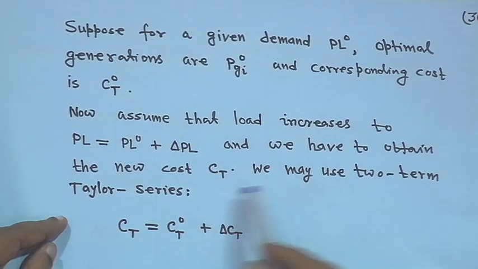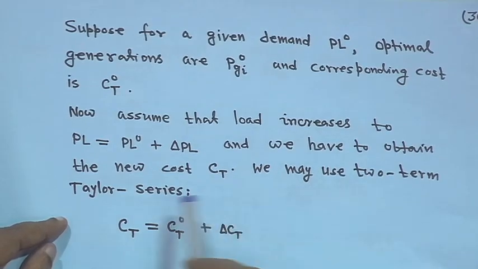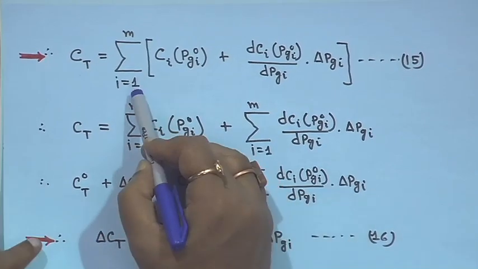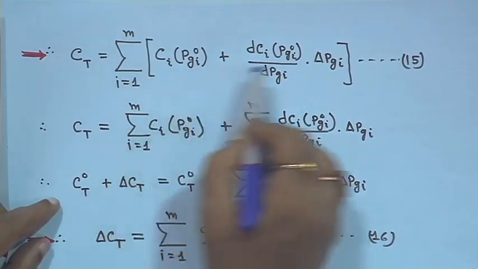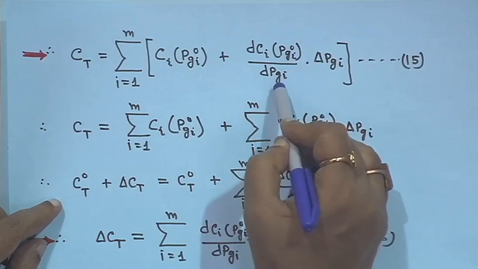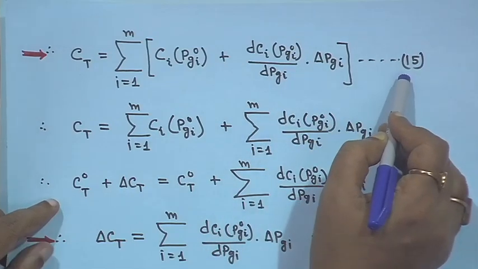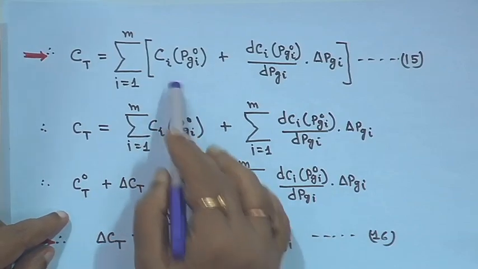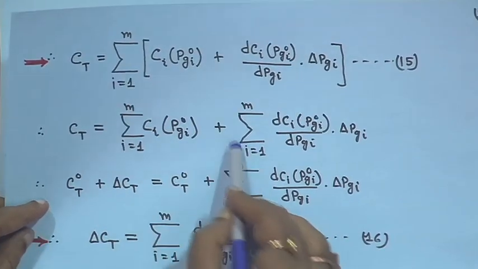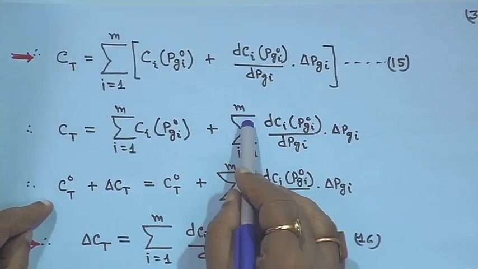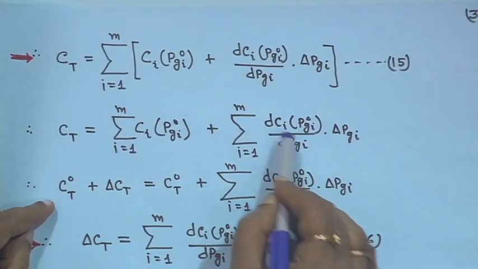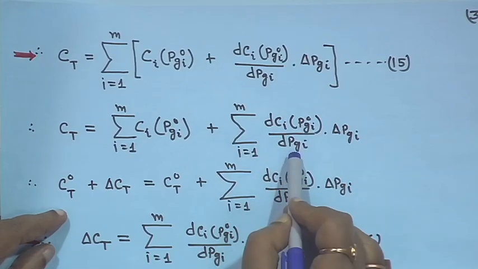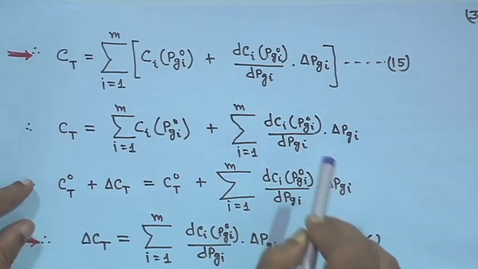We may use two terms in the Taylor series. That means CT is the sum over i equal to 1 to m of Ci(Pgi0) plus the sum of dCi/dPgi into delta Pgi.